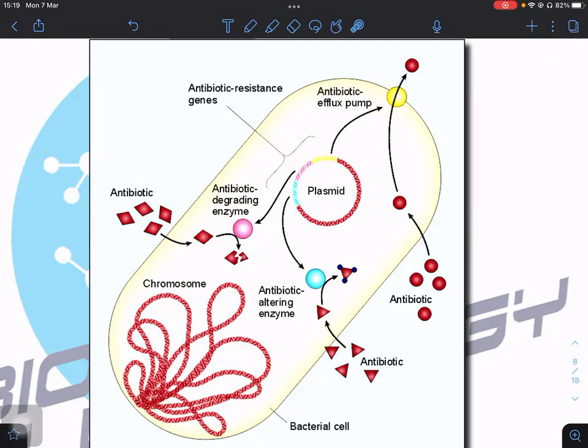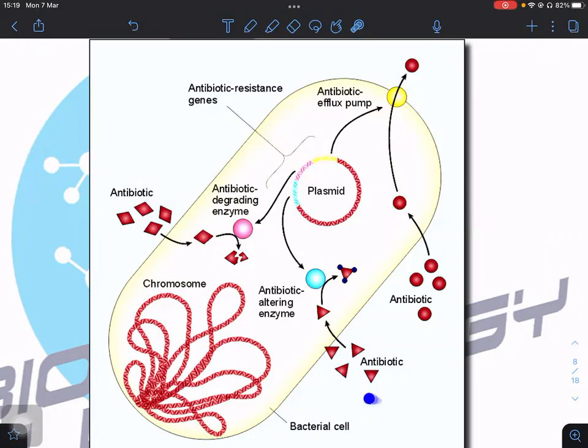And this mutation may accidentally, they're lucky enough, form a polypeptide that folds into a protein which can degrade the antibiotic. So the antibiotic is taken in, they degrade it. So whatever antibiotic enters the bacterial cells is useless now. Or they may inactivate it.